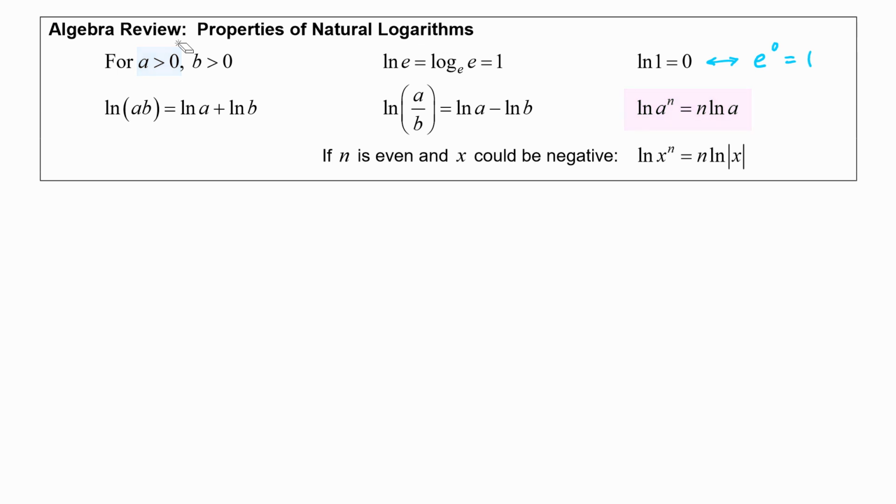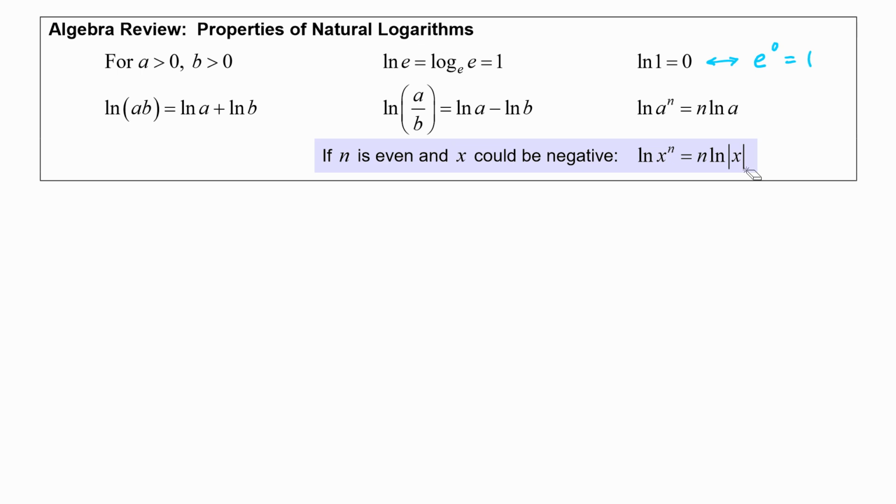Now, if the exponent, n, is even, and x could be negative, this x here in the argument, then when we simplify, we say that the natural log of x to the n is equal to n times the natural log of the absolute value of x.